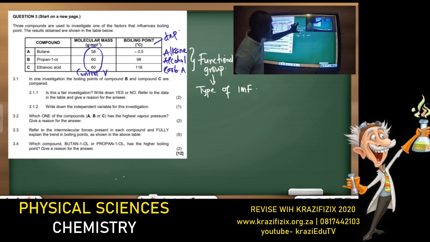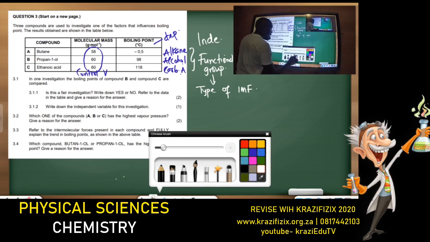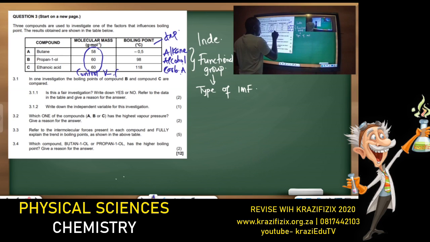The type of functional group determines the type of intermolecular force, which determines my boiling point, even if I keep the molecular mass constant. Oof, I have answered a lot of things. My independent variable, my dependent is boiling point, control is what you keep constant to make an experiment fair. That's why we have control, to make an experiment fair.